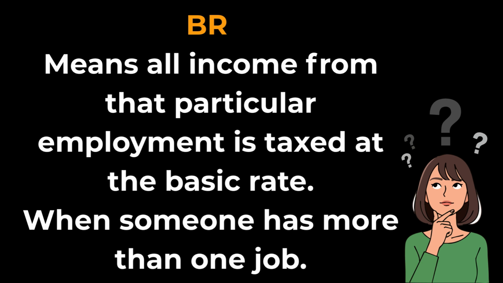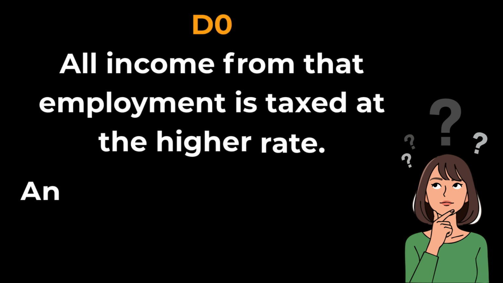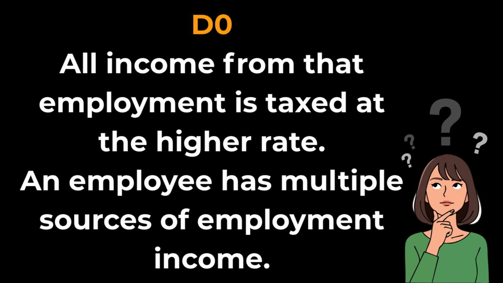It is commonly seen when someone has more than one job. D0 generally means all income from the employment is taxed at the higher rate. Again, this can be relevant where an employee has multiple sources of employment income.